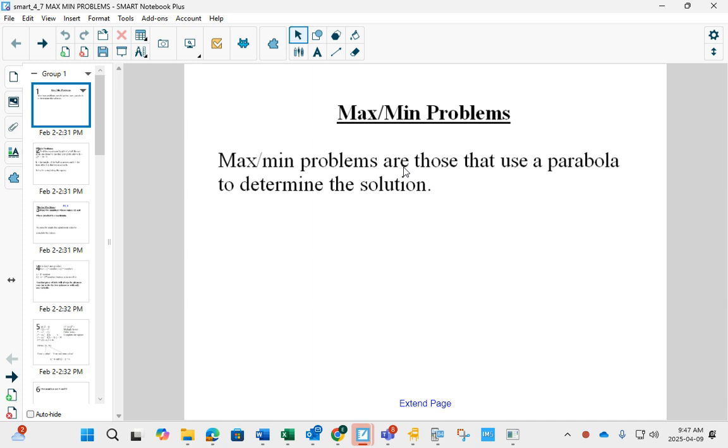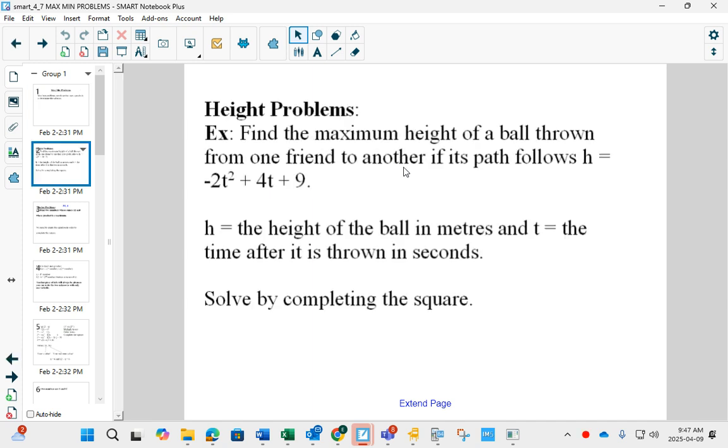There's different things that come into effect. But max-min problems are all over in our real life, and they come up a lot with parabolas. So, this is an easiest question because in the word problem, they give you the equation.